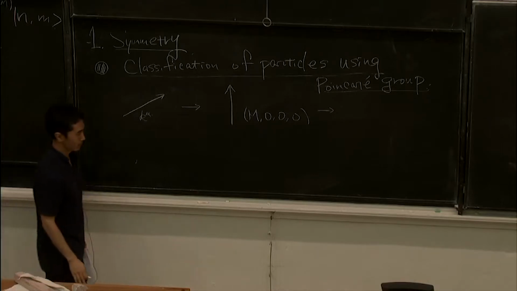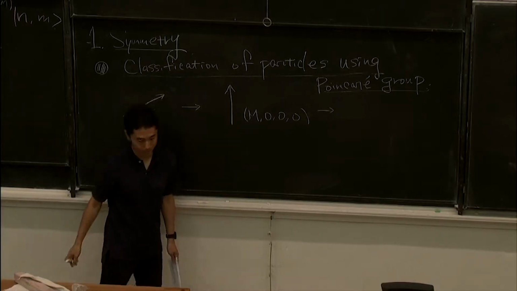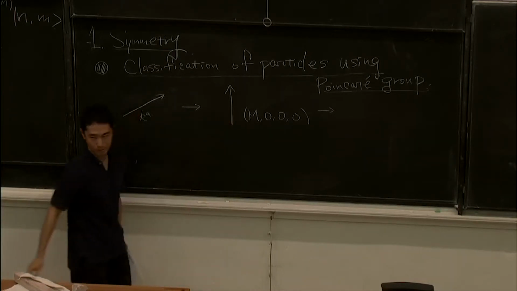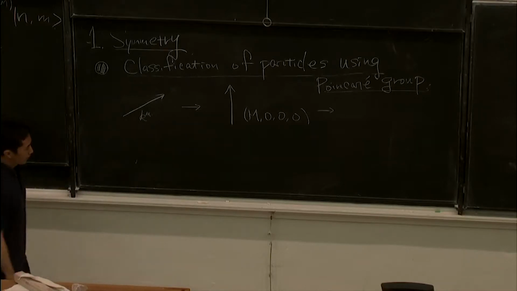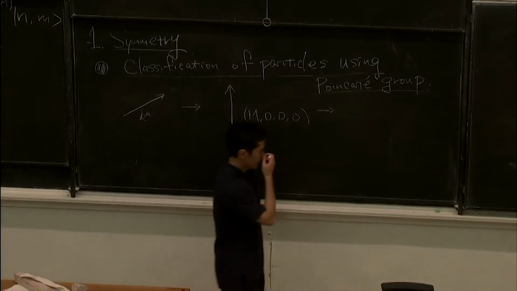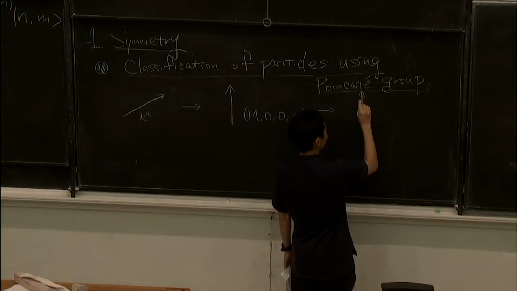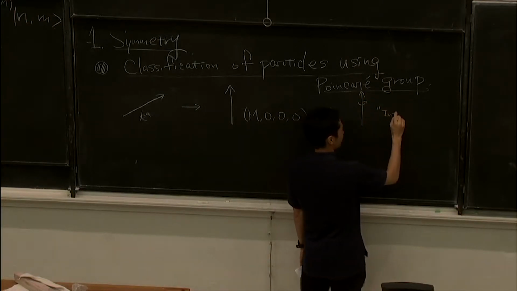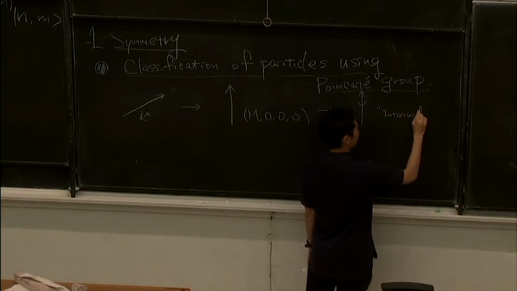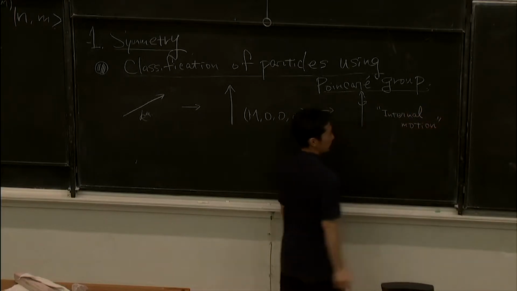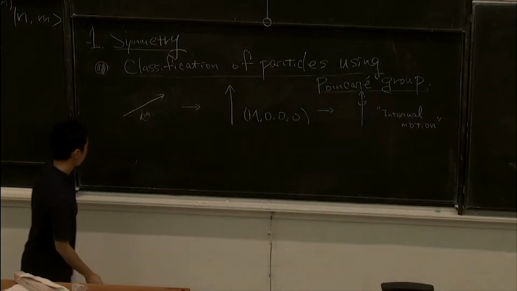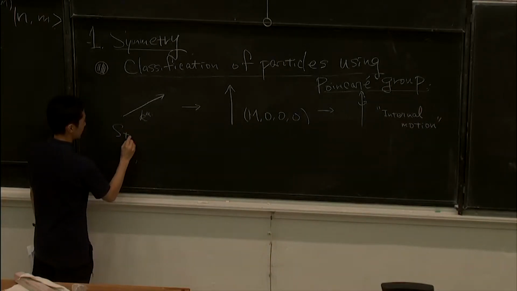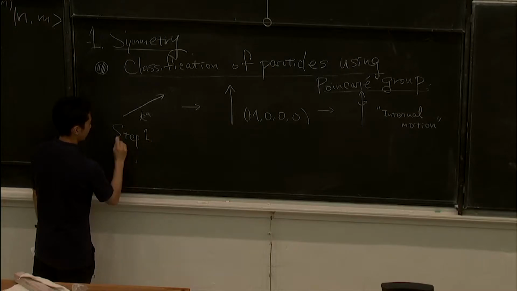By little group, I mean the subgroup of the Poincare group which leaves this momentum invariant. Once you identify the little group, you can classify some internal motion, like spin, using that little group.